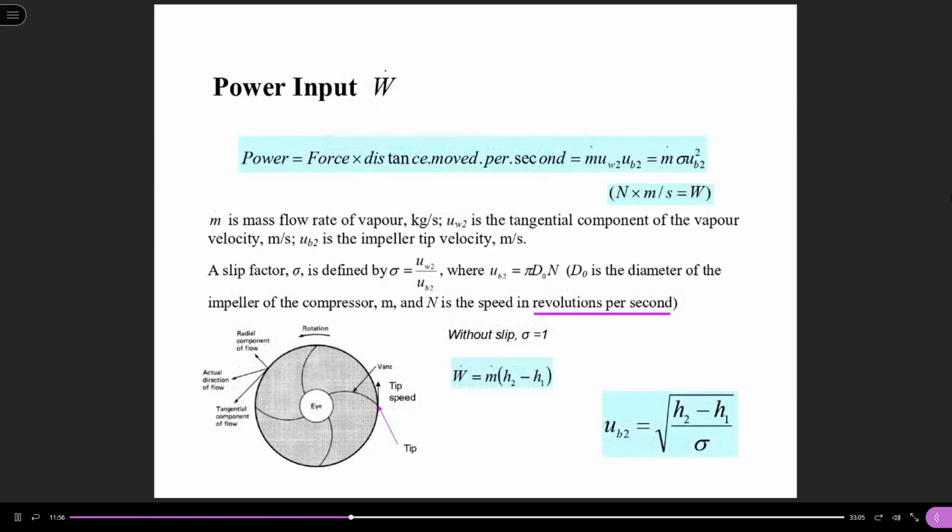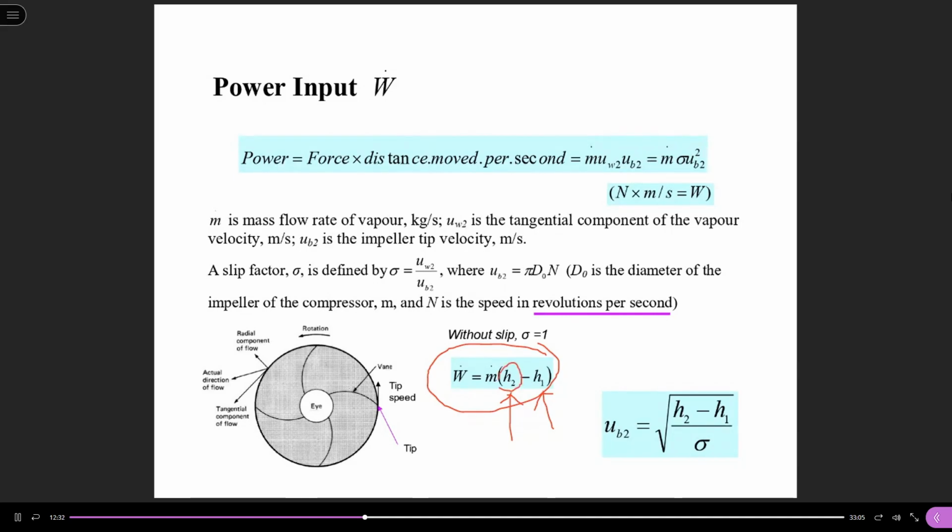For the centrifugal compressor, we can use the conventional formula at any time. If we know the inlet and discharge conditions, this is the entering flow enthalpy, and this is the delivered pressurized vapor's specific enthalpy.